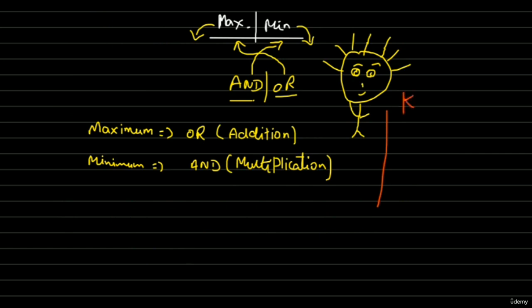In the K-map we are going to learn the max concept, min concept, and using both of them we will learn something that is called the POS form and SOP form, SOP and POS form.